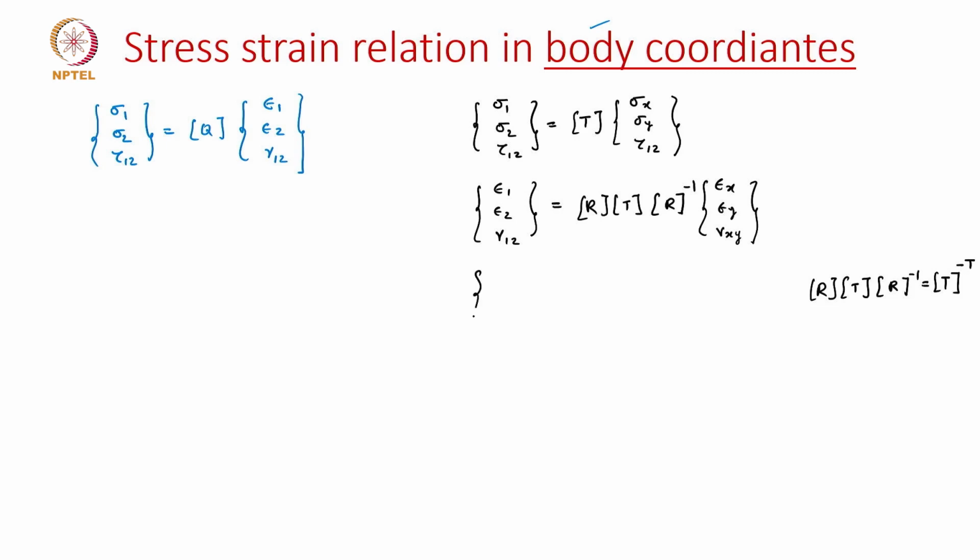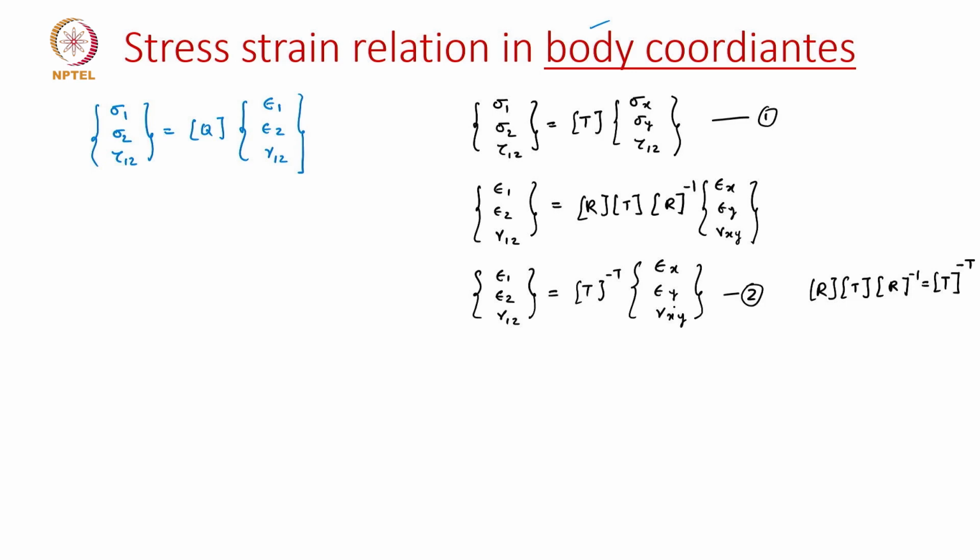Which means I can write it as epsilon 1, epsilon 2, gamma 1 2 is inverse transpose of the transformation matrix T times epsilon x, epsilon y, gamma x y. So, let us name this as expression 1 for the stress transformation and this as 2 for the strain transformation.